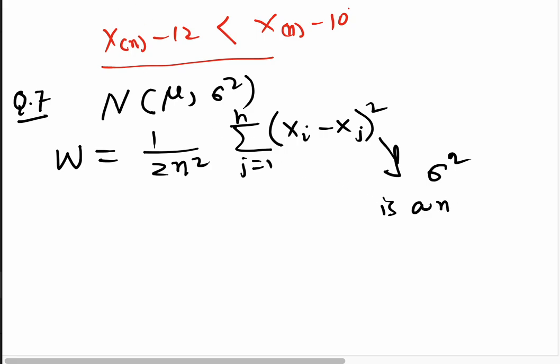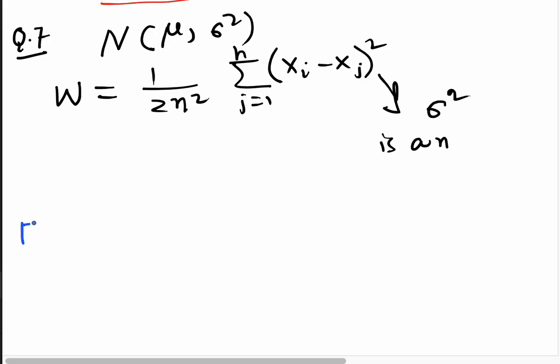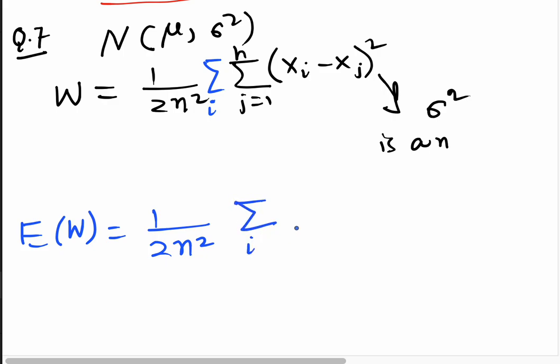So let's check that. First of all we check the expectation of W, that is 1 by 2n square. There will be another sum, that is over i. So summation of i, summation of j.